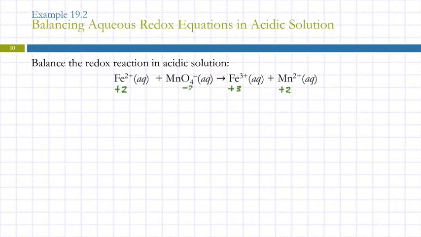So oxygen's -2, and there's 4 of them. So that's a total of -8. And we know that all of this has to add up to -1. So what is the oxidation state for the manganese? +7. That seems like kind of a high number, doesn't it? But manganese does that. It's okay.